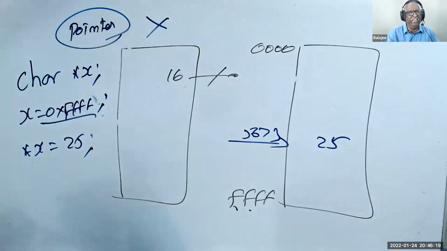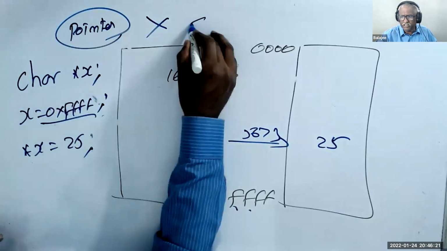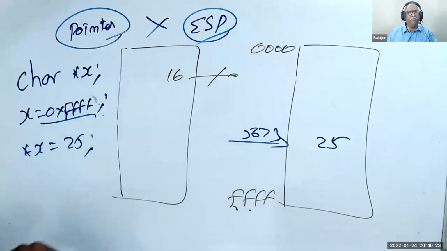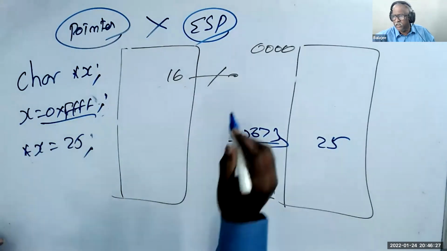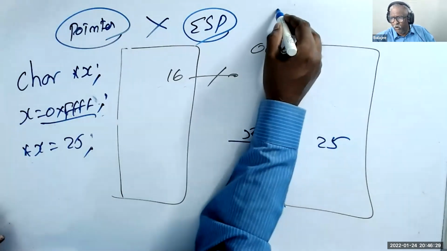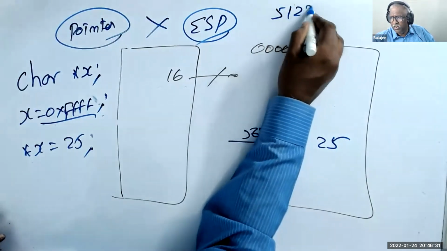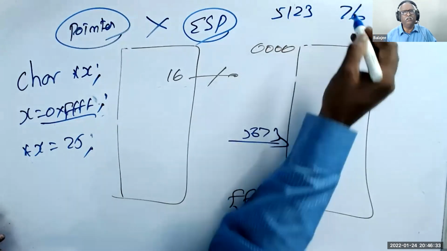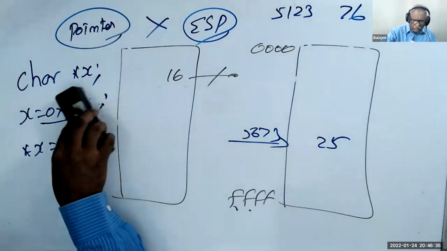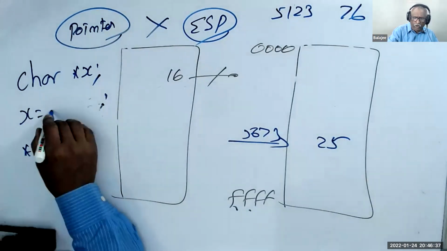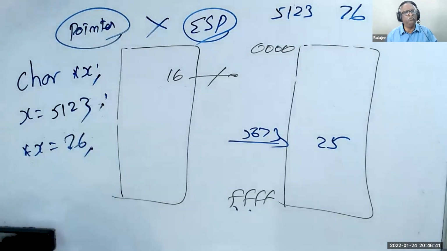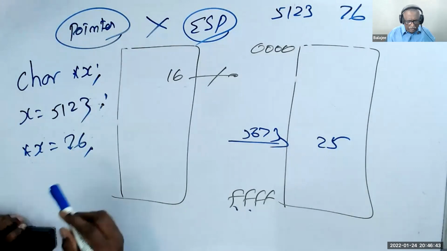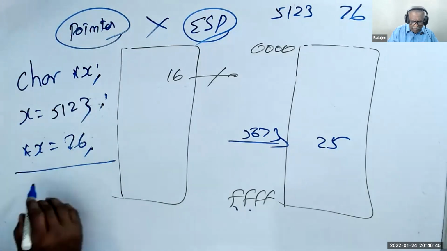But this is very, very easy for embedded system programmers. If I tell you that at location 5123, write 76, finish. You put here 5123, 76. That's all. You can write anywhere, any value. That is possible only for the firmware people.